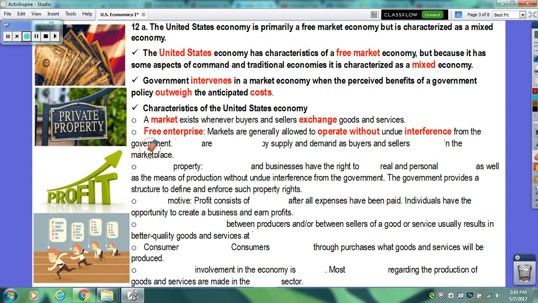For the most part, there's not a whole lot of interference in how stores are structured, set up, and run. The next point here is prices are determined for the most part by supply and demand as buyers and sellers interact in that marketplace.